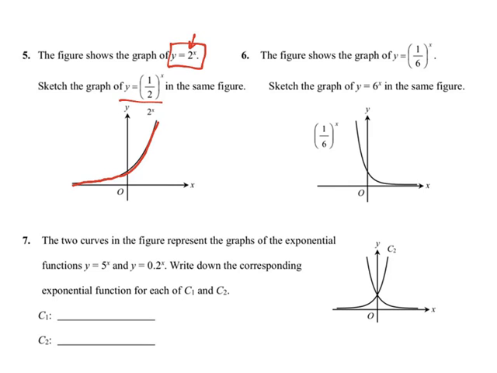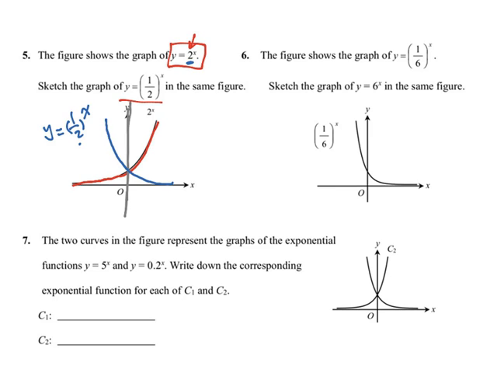The mirror is on the y-axis. When this number has a reciprocal, that means 1 over. The graph will become like this. So y equal to 1 over 2 to the power x. You see, when 2, the reciprocal is 1 over 2. So it becomes like this.